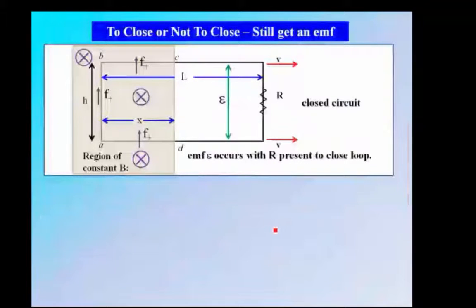Well, the question is to close or not to close. Do we still get an EMF? And what I'm talking about is what's sitting between this wire and this wire. In this case, we have a closed circuit, and we know that an EMF occurs. It ended up putting current through R when we have R closing the loop. So we're fine there.